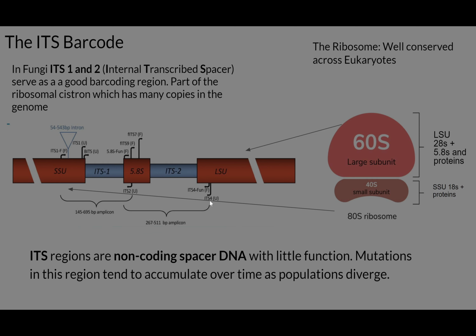The reverse primer is ITS4, and that has U in parentheses. The U refers to universal. So the universal primer means that it's going to work in almost all eukaryotes. So together we capture a little bit of the small subunit, all of ITS1, the entire 5.8S, and all of ITS2.